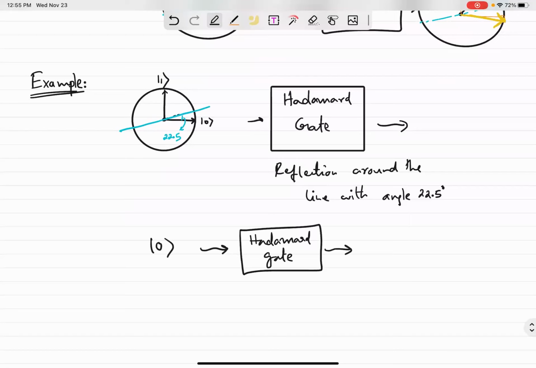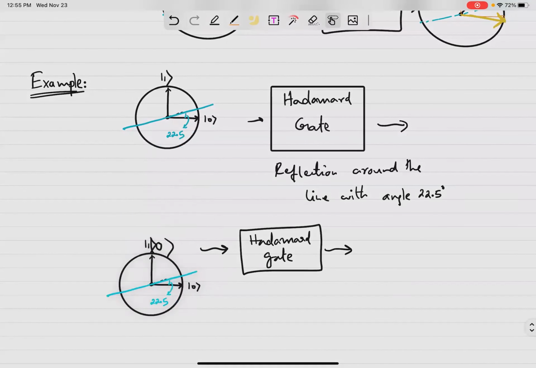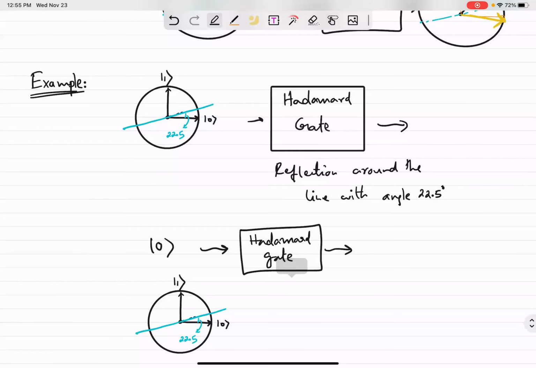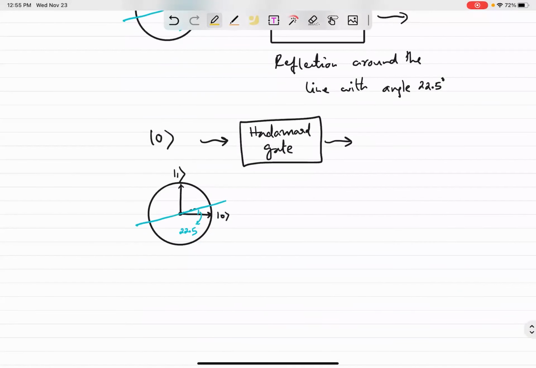Well, we can compute it, right? It's nice that you have all these very complicated things that you're going to do, but you start out with like middle school geometry or something. So you just reflect around this line, so you're reflecting 0 around the 22.5 degrees. So you go 22.5 degrees out the other side.